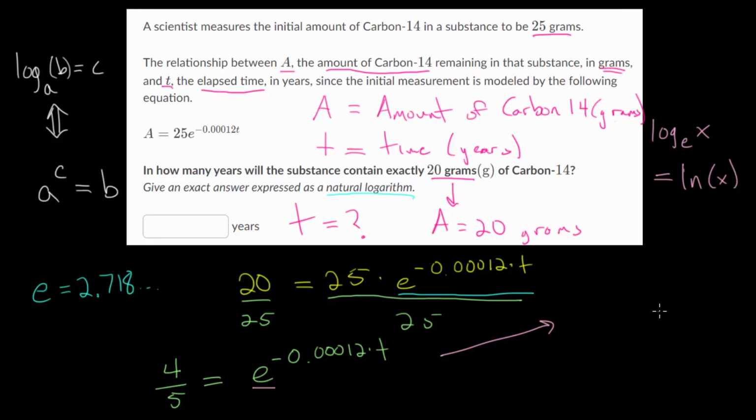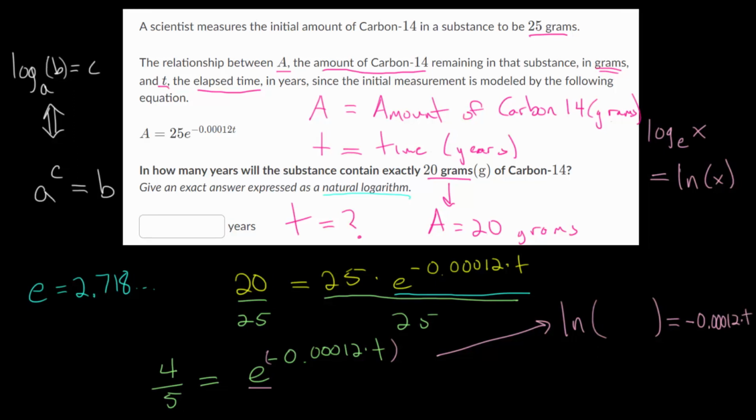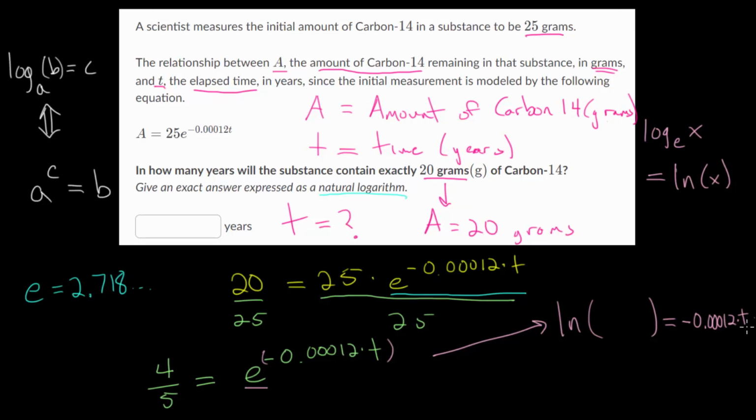And remember that the logarithm is equal to whatever the exponent is. So the logarithm is going to be equal to minus 0.00012 times t. And the input of the logarithm is what the exponential equation is equal to, so 4/5 will go on the inside of our logarithm.